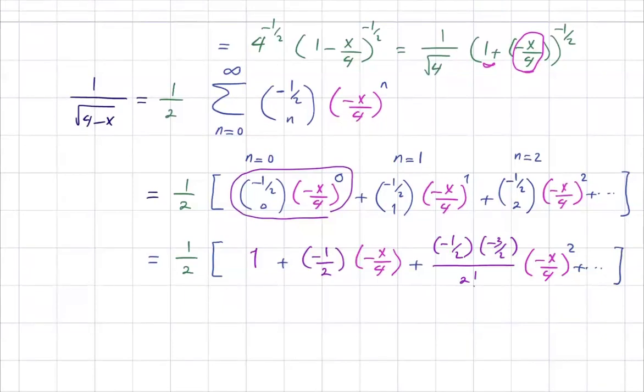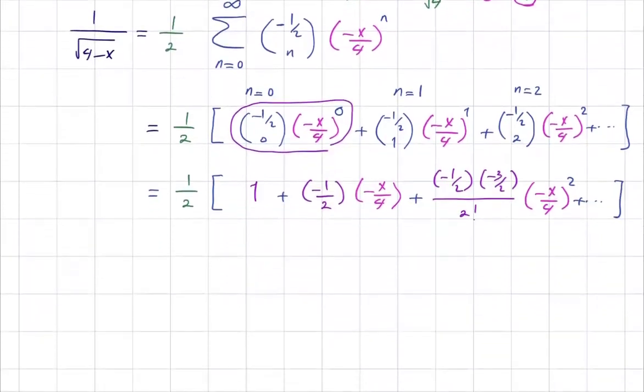You can simplify this further, and your 1 divided by square root of 4 minus x can be expressed as a half times 1 plus x divided by 8. Let's see, here you have plus 3 divided by 8 times x squared divided by 16.